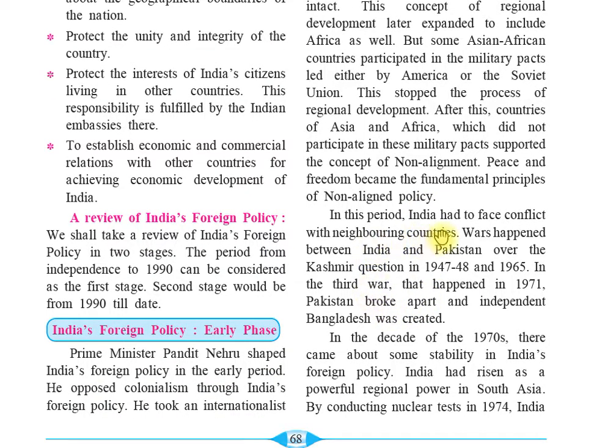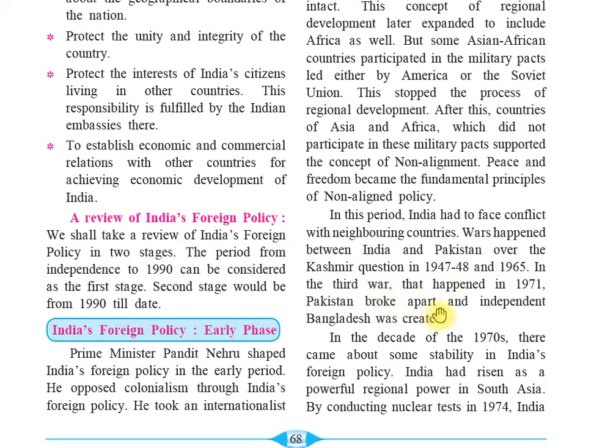Now, in this period, India had to face conflict with neighboring countries. War happened between India and Pakistan over the Kashmir question in 1947-48.